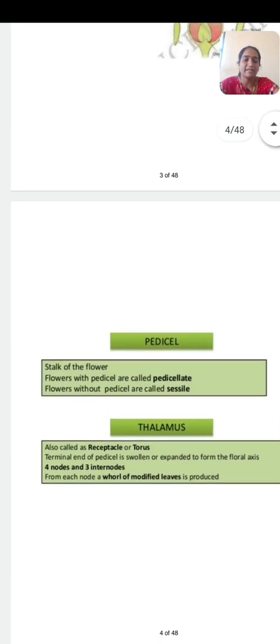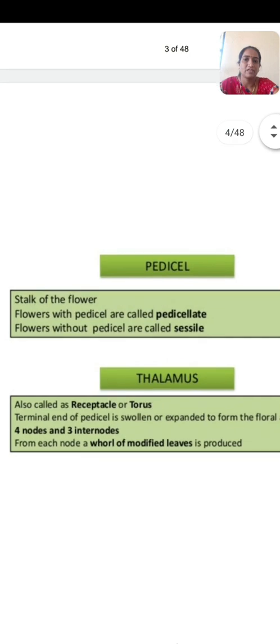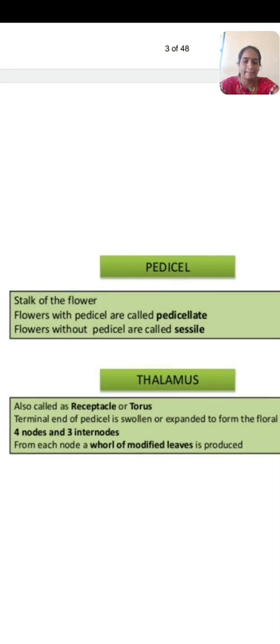Start with the pedicel. The stalk of a flower is known as pedicel. Flowers with a pedicel are called pedicellate flowers or stalked flowers. In certain flowers, there is presence of a pedicel. For example, the hibiscus flower has a well-defined pedicel.